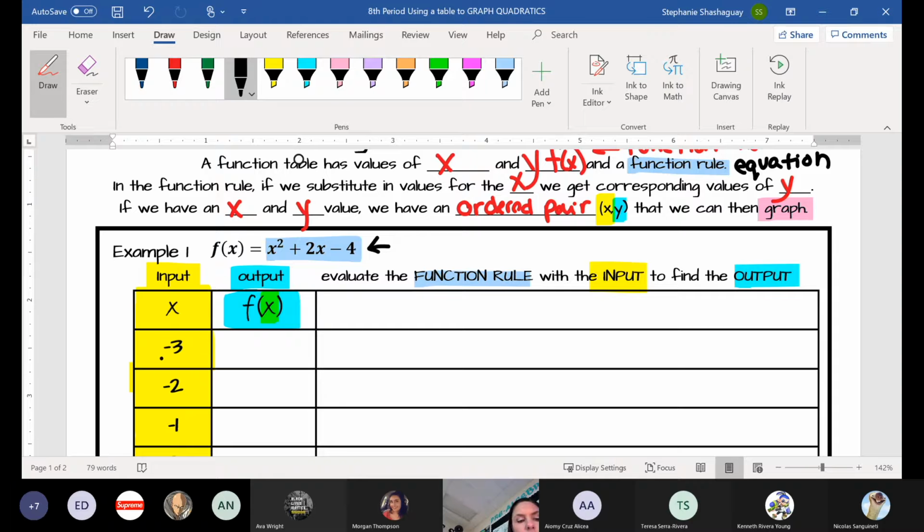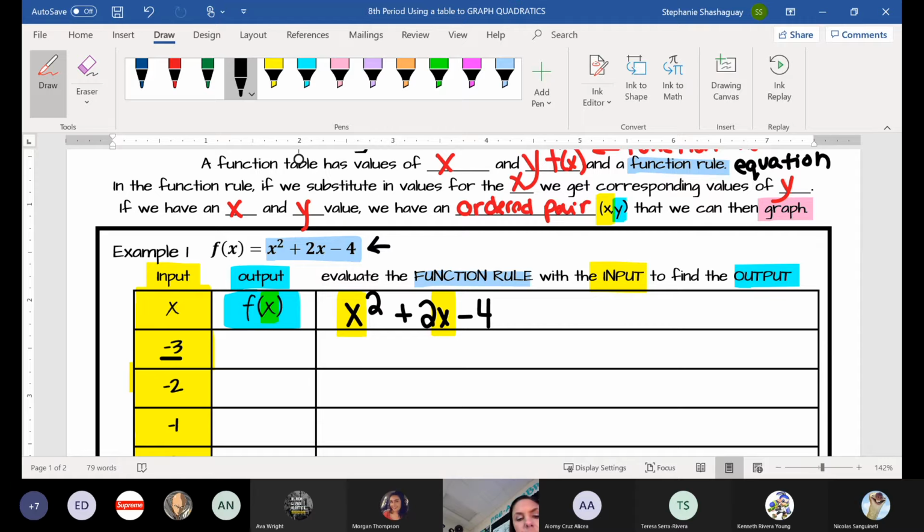So if they gave us here our -3, what we're going to do with that -3 is plug it into our function rule, our equation, which is x squared plus 2x minus 4. So anywhere I have an x, I'm going to replace that x with the number in my table.